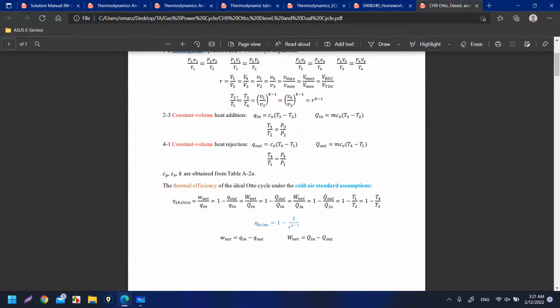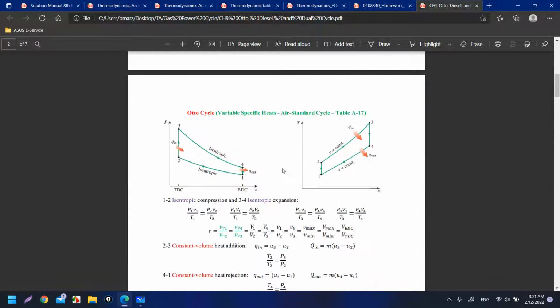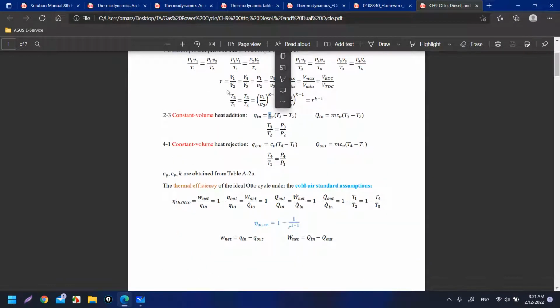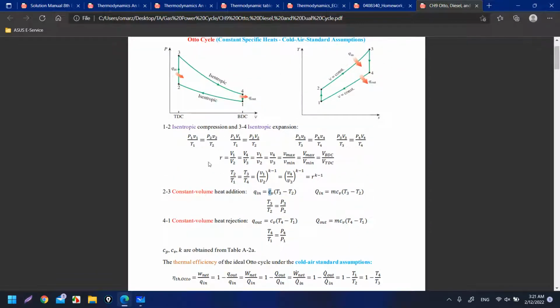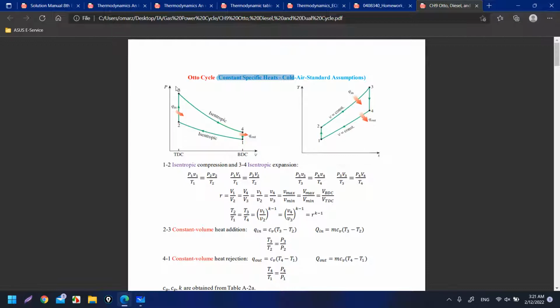Here we find the temperatures using this equation, and you cannot use any equations that contain k, Cp, Cv with variable specific heat. Constant specific heats and the constant specific heat ratio are used only with constant specific heat.